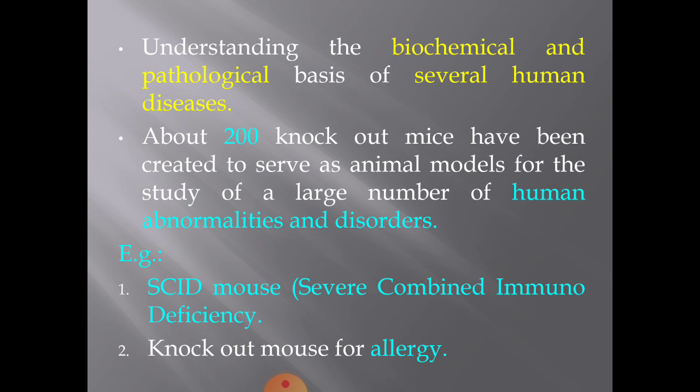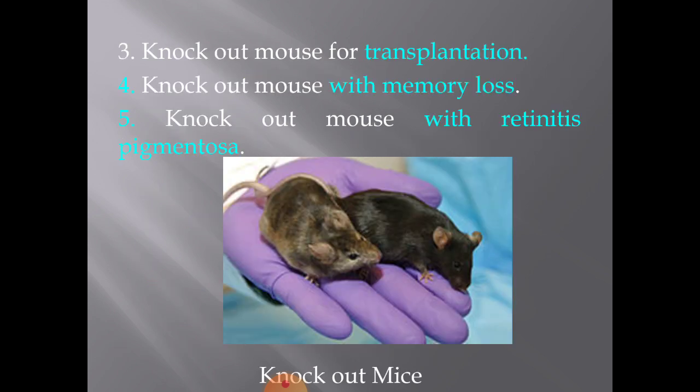For example, the SCID mouse, that is, a transgenic mouse with severe combined immunodeficiency, then knockout mouse for allergy, knockout mouse for transplantation, knockout mouse with memory loss, knockout mouse with retinitis pigmentosa. Here I have shown you a photograph of the knockout mice, which can be used for particular experiments.